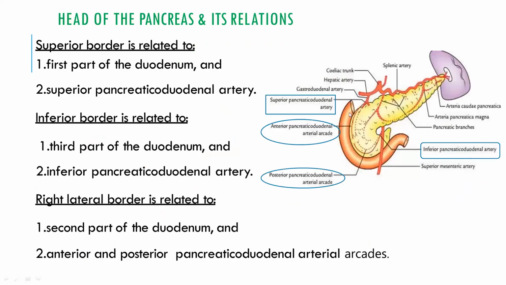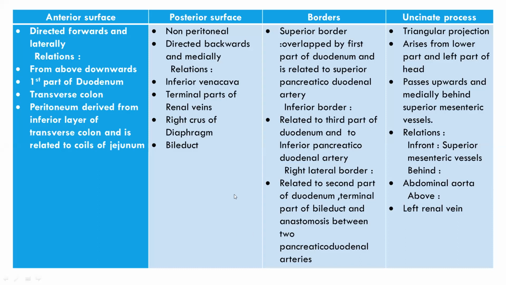And these were the borders related to the head of pancreas: superior, inferior, and right lateral borders, along with their arteries. This we can represent in this way: anterior and posterior surfaces, borders, as well as the uncinate process.